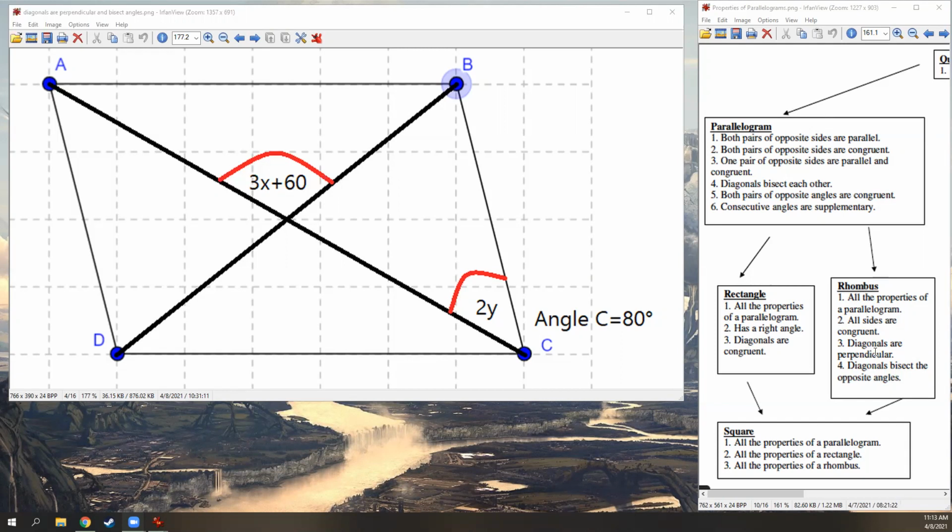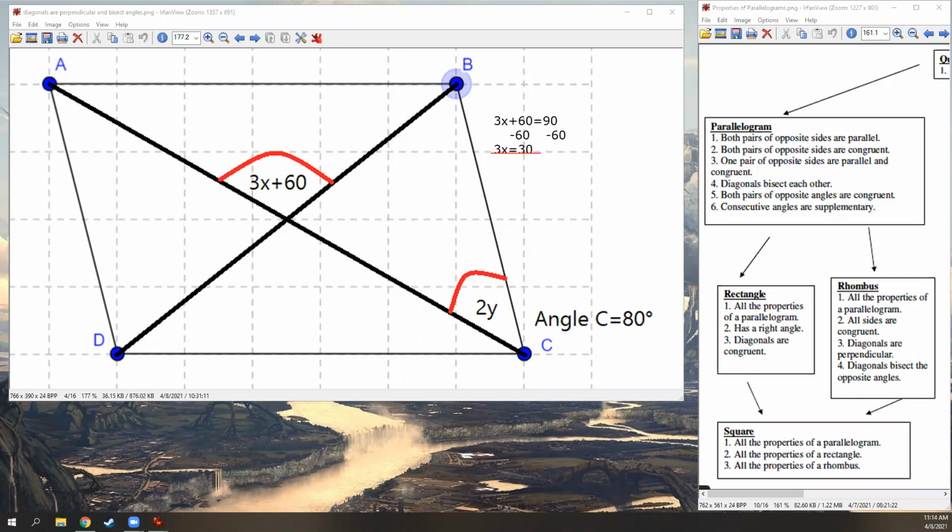It's perpendicular, which means 3x plus 60 has to equal 90. So from there, we can solve it out. Minus 60 from both sides. 3x equals 30. And then how do you get that 3 away from the x?